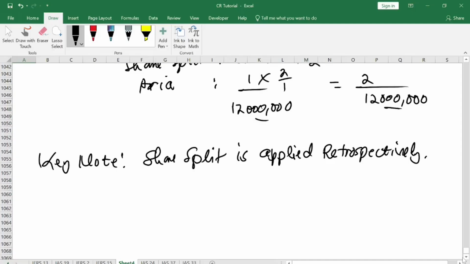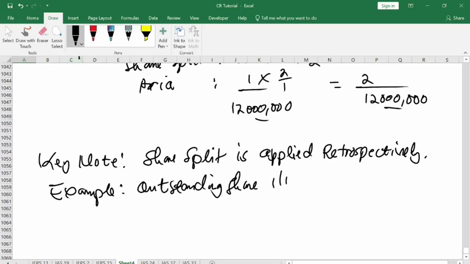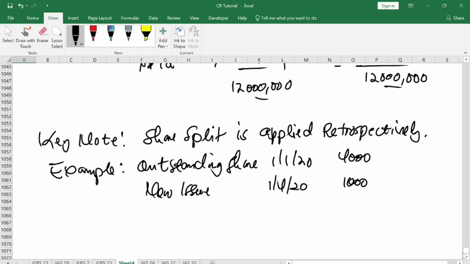What it means is, if you have outstanding shares, for example, outstanding shares as at 1st January 2020 was 4,000, and then a new issue was done in April, which is 1,000, and they said that in October a share split was done, 2 for 1, at the end of the year.